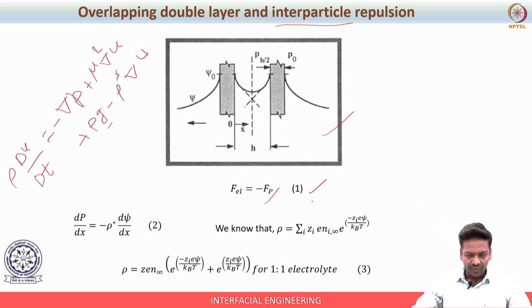This can also be expressed as the derivative of pressure with respect to x, or the derivative of psi, the potential, with respect to x multiplied by the charge density. So this can be expressed by equation 2.